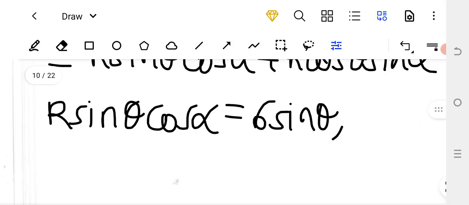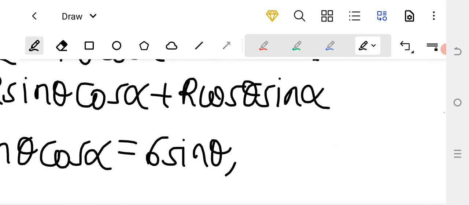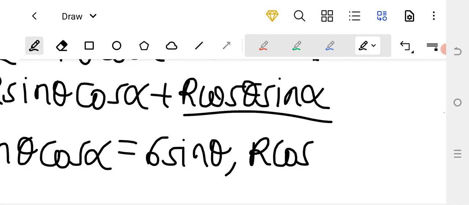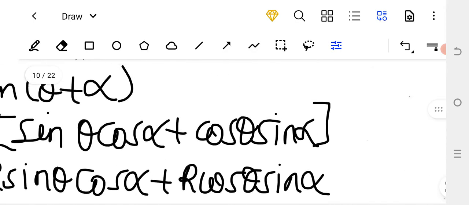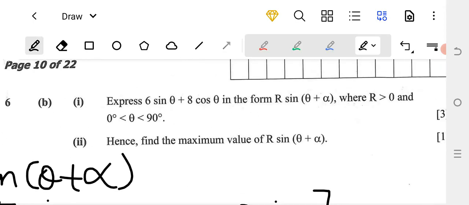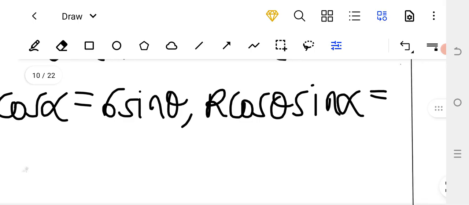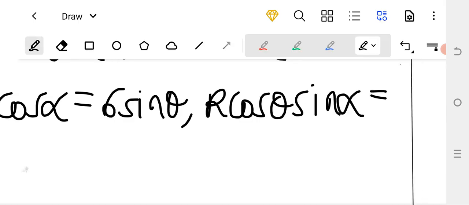And then we are going to say r cos theta sine alpha is equal to what? The 8 cos theta right there. Eight cos theta.